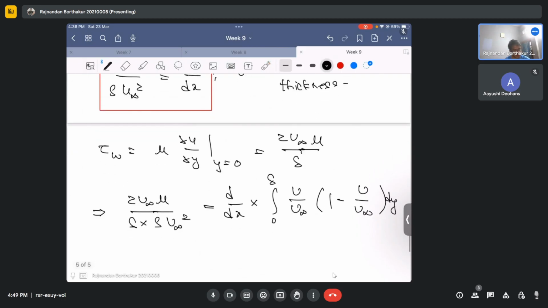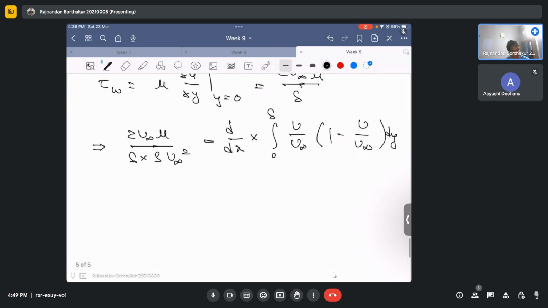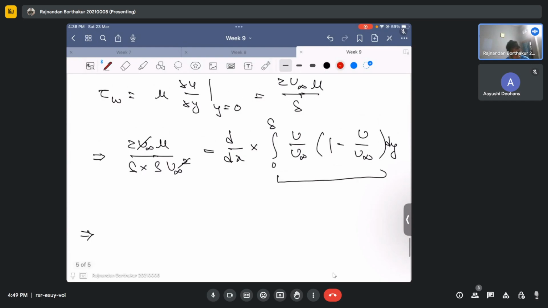Now you need to evaluate this integral. But before that, let's simplify this term. One u infinity would cancel, and we will write mu by rho as just nu.